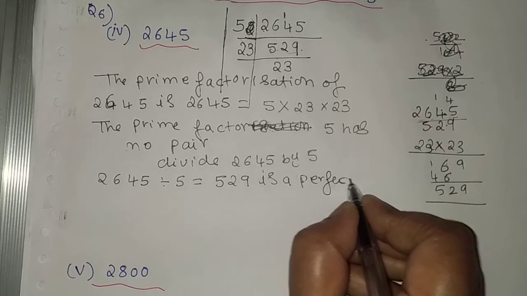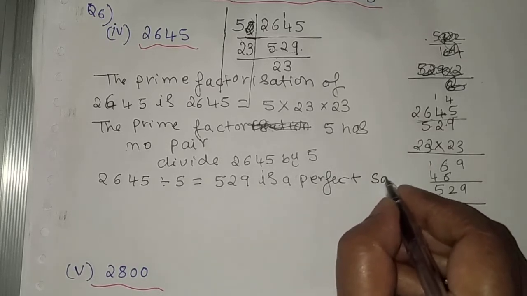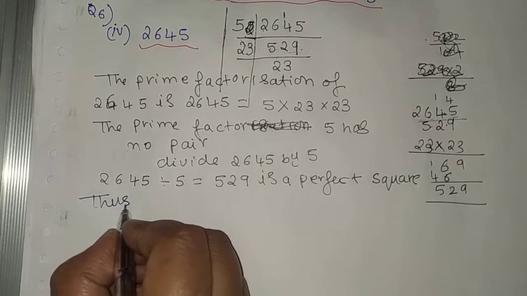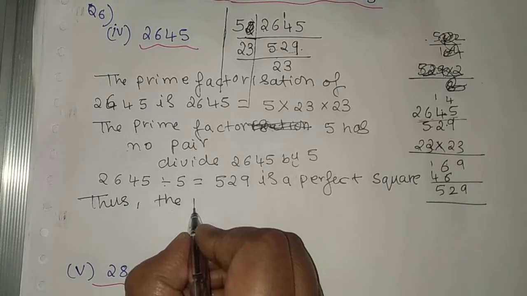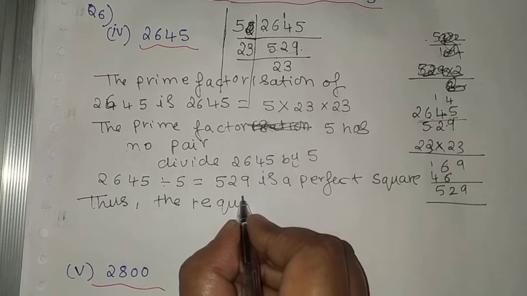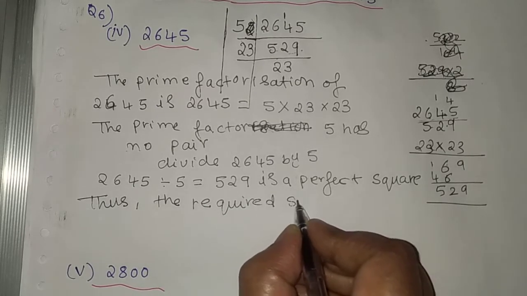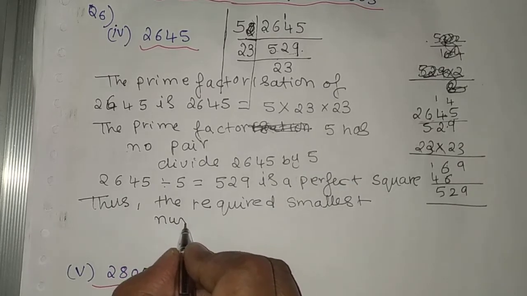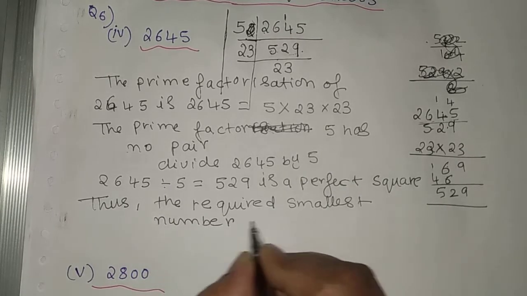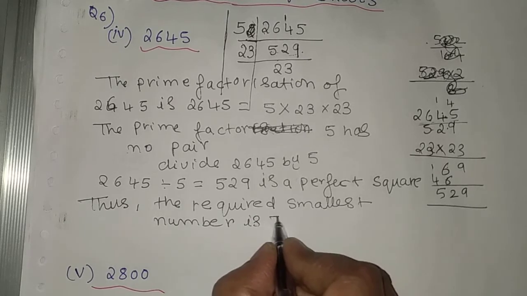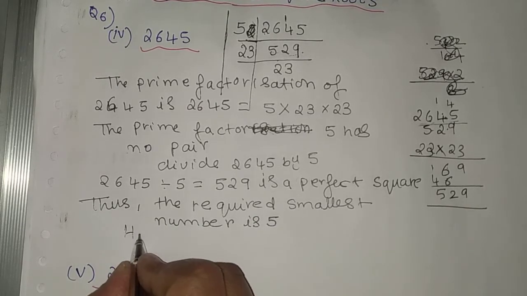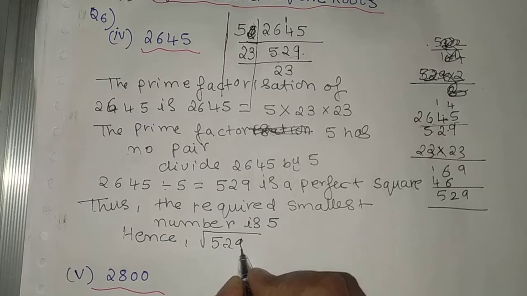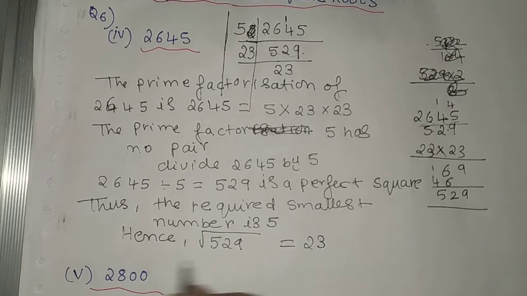Thus the required smallest number is 5. Hence root 529 is equal to 23.